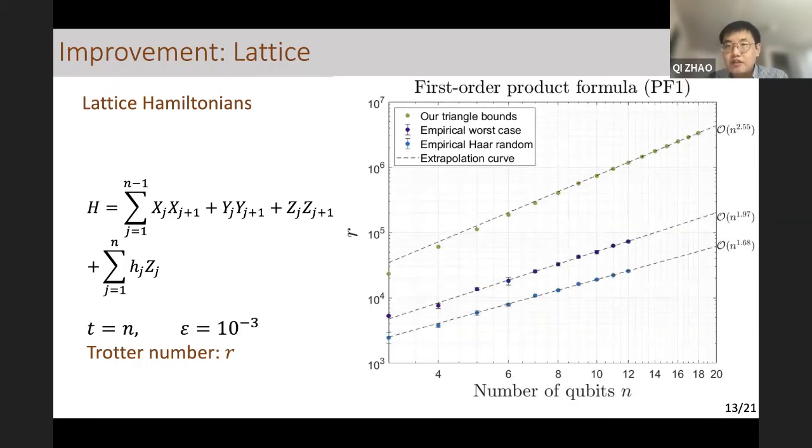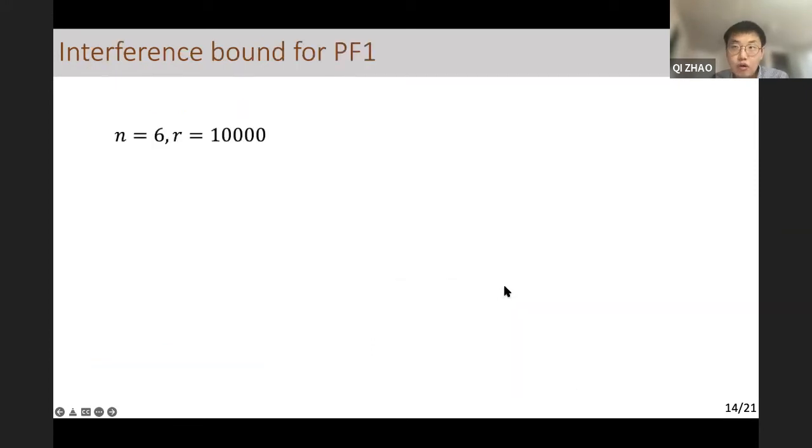But when we consider the first order product formula method, you can see that there's a huge gap between the empirical result and our triangle bound. This implies that the triangle bound is improper here, and the error doesn't accumulate linearly with the number of segments. Here we also tested the total error.